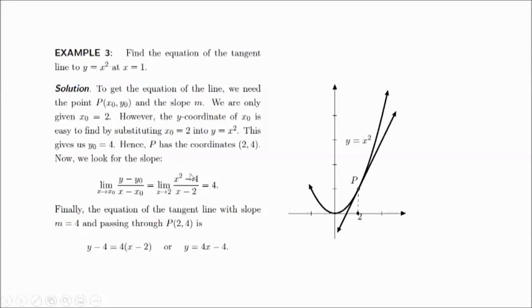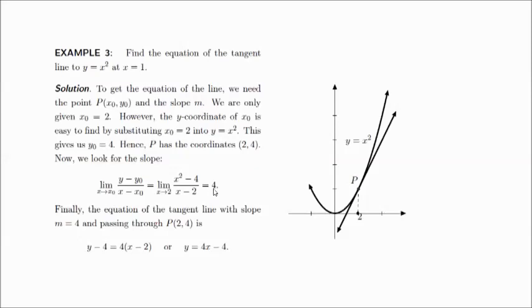So y is equal to 4. So that is why 4 doon. Okay? And then, yung x sub 0 natin is 2. Yung y is equal to x squared.